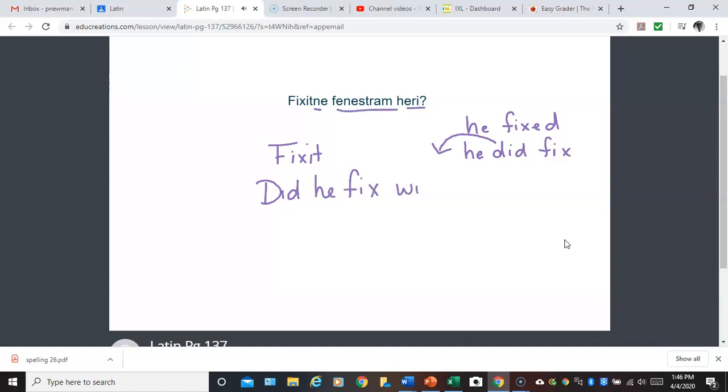Fenestram, you know, is window. And you may have forgotten, but heri is yesterday. Did he fix the window yesterday? Now, I didn't put a "the" in there, but it doesn't make sense not to have it. And you know that in Latin, there are no articles. So I'm going to put my "the" in there. Did he fix the window yesterday?